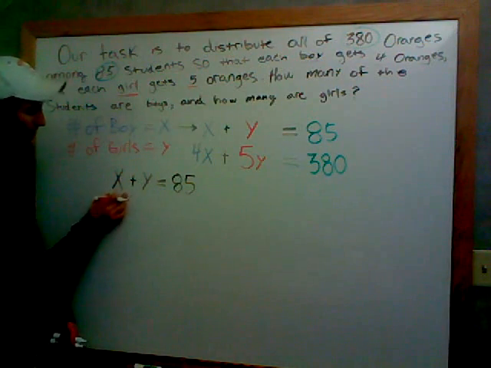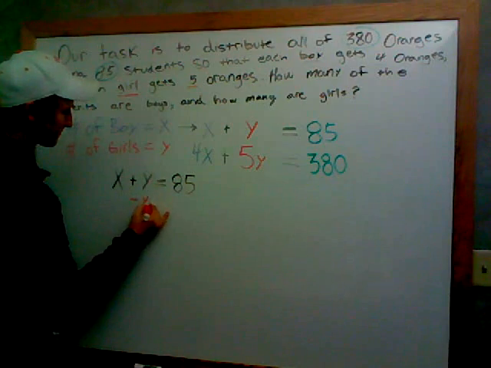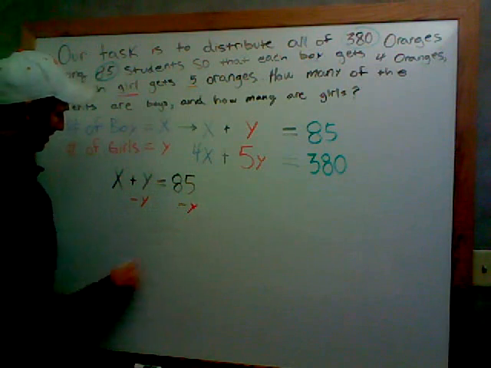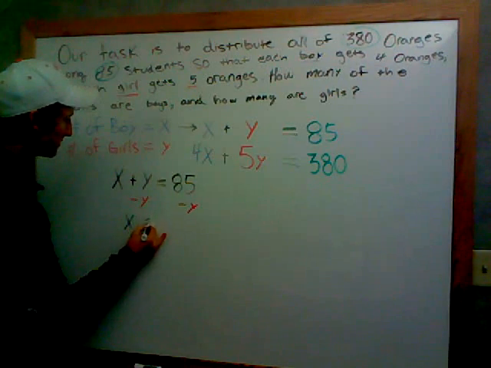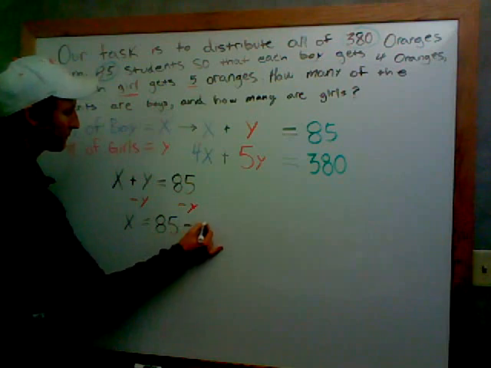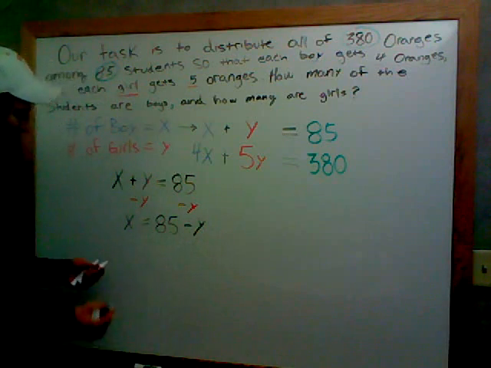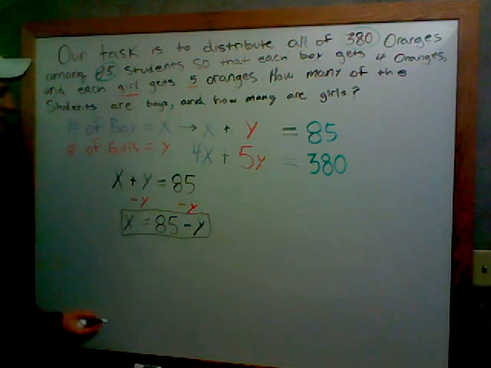We need to get x all by itself. So we're going to subtract the y from each side. And our new problem is going to look like this. x is equal to 85 minus y.